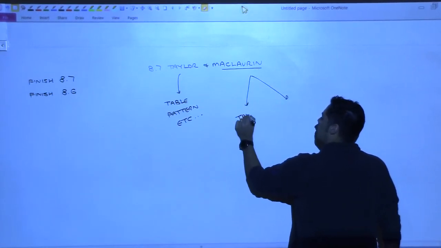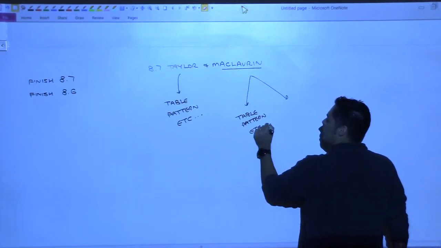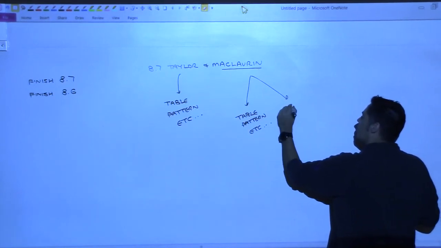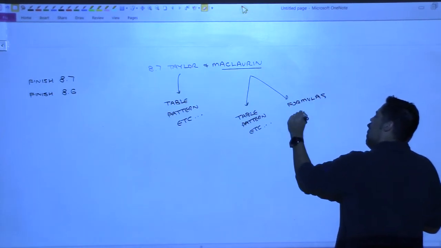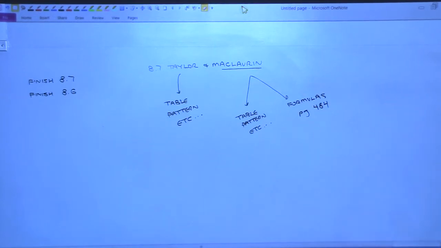One is a table, pattern, etc., just like this one. Or you can use the formulas on page 484.